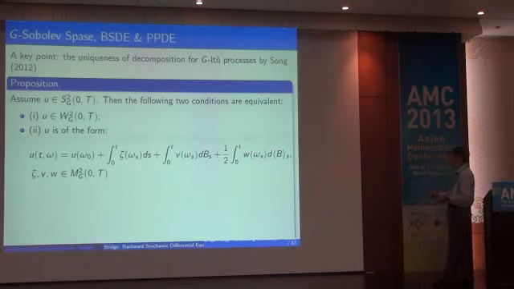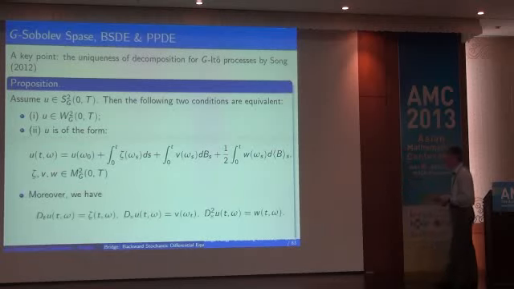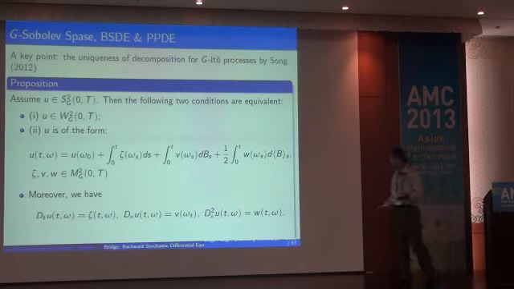It can be written like an Ito process, and the relation between the two is that, moreover, in fact, this is nothing but the dt part, this v is nothing but the dx part, and this is nothing but the d square x part.